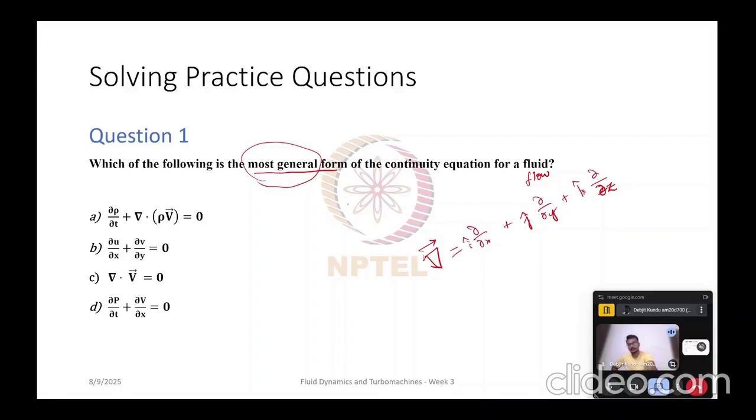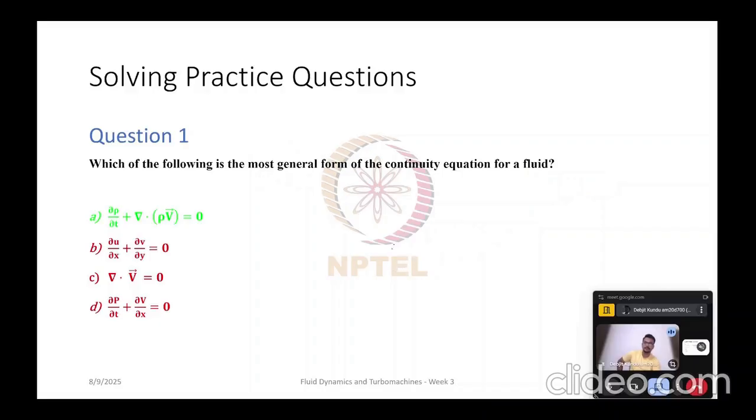Let's take a look at the solution. It's actually option A, dou rho dou t plus divergence of rho v vector equal to 0. This is the most general form which can be applied for unsteady compressible flows.